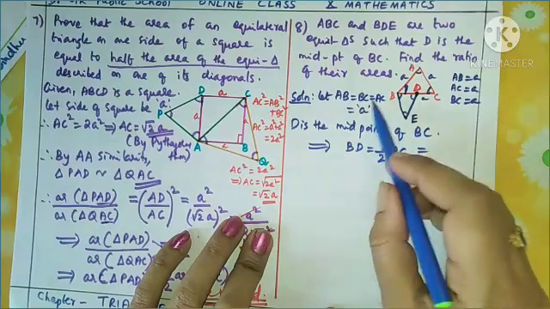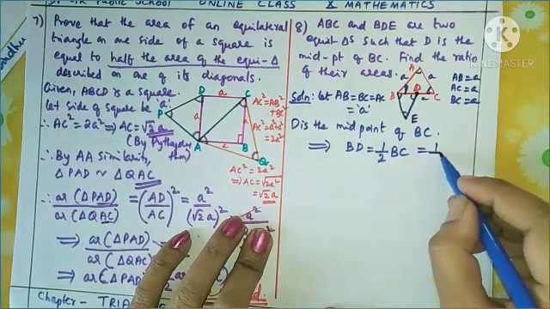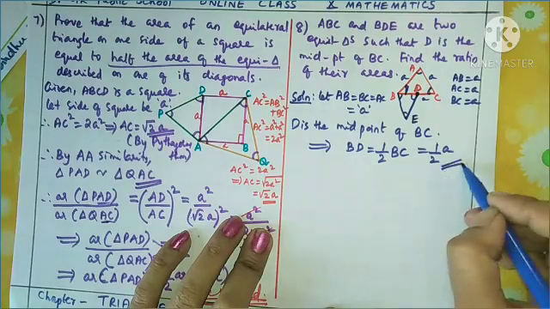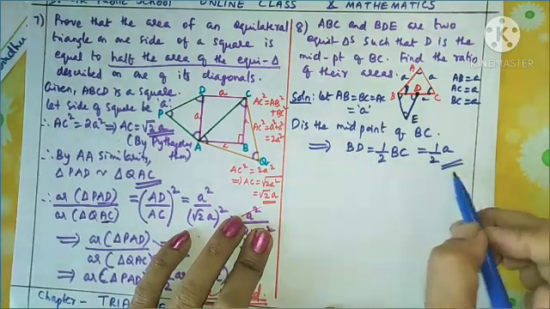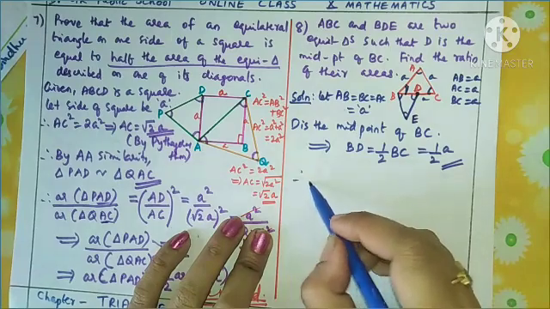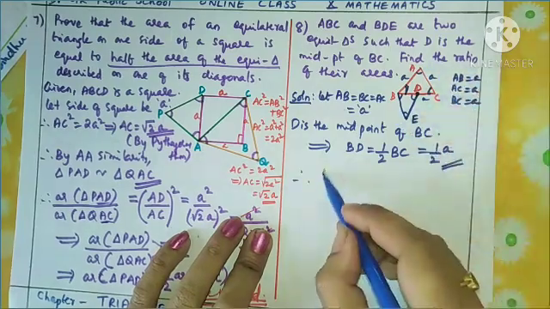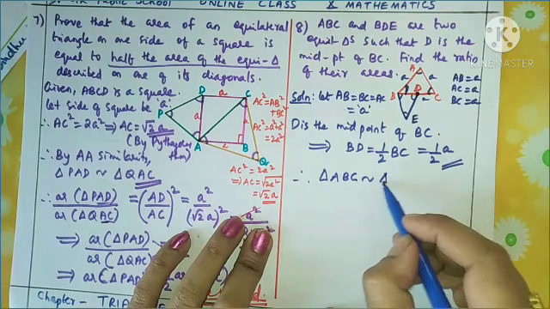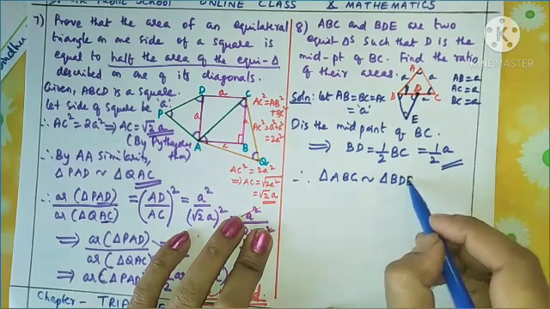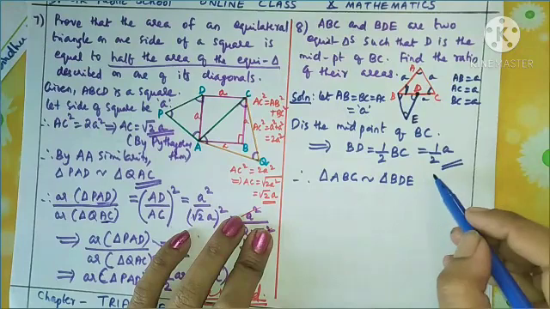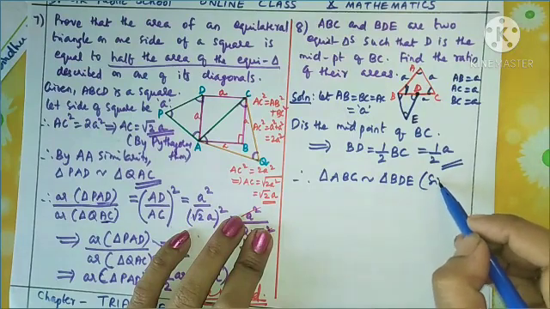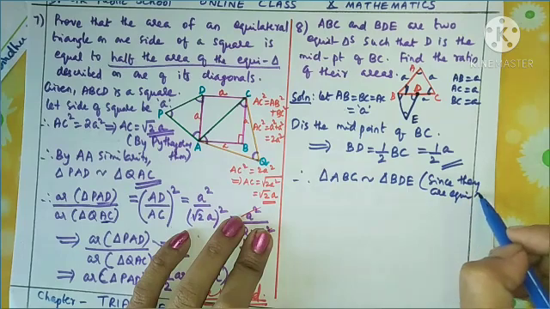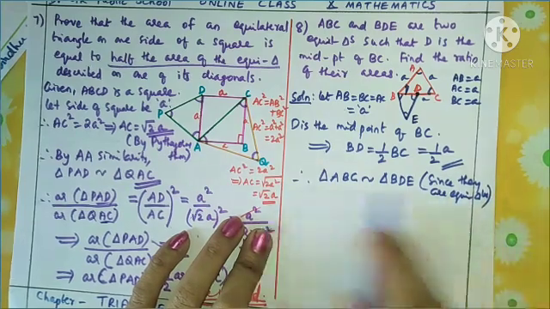BC we have taken as A, so you can write half of A. So let BD equal half of A. Now because these two triangles are equilateral, we can say triangle ABC is similar to triangle BDE. Since they are equilateral triangles, they are similar.